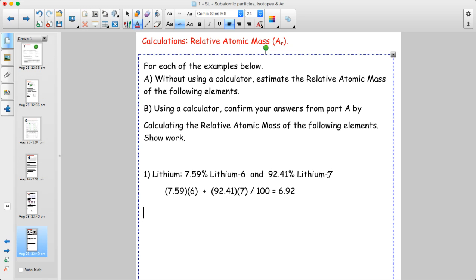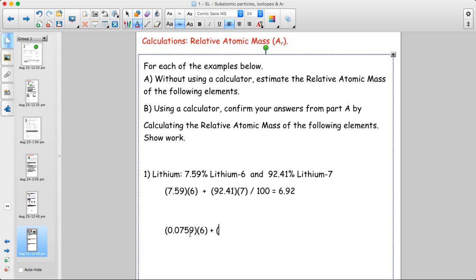A way to simplify the math a little bit, instead of using these whole numbers and dividing by 100, you can turn the percentages into decimals. You can essentially divide by 100 ahead of time and make it 0.0759 times 6. So this is 7.59% as a decimal.